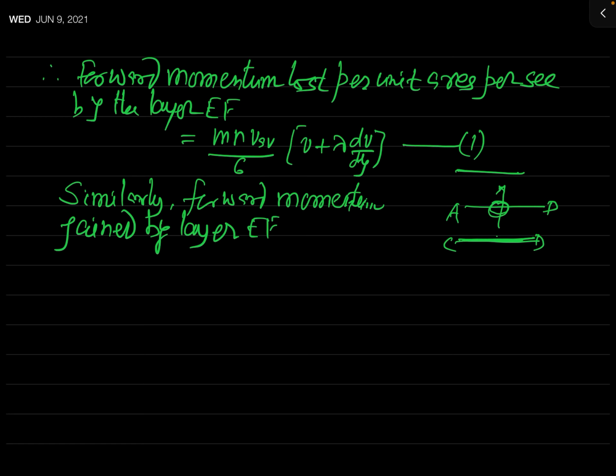Actually this will be lost by CD and gained by EF. CD जितना लॉस करेगा EF उतना ही गेन करेगा.